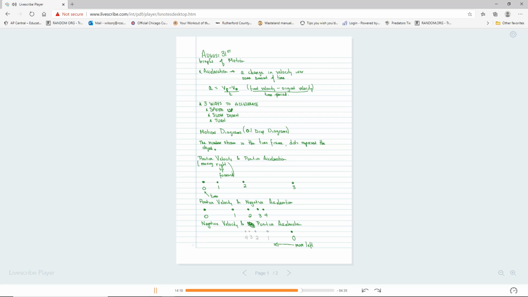Acceleration is adding to velocity or subtracting from velocity. So Alden has told us we go negative 20, negative 17, negative 14, negative 11. Am I going faster or slower? Is negative 17 miles an hour faster or slower than negative 20?